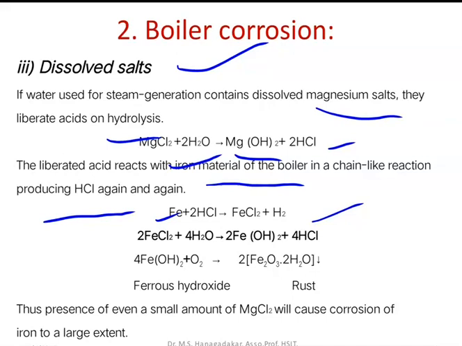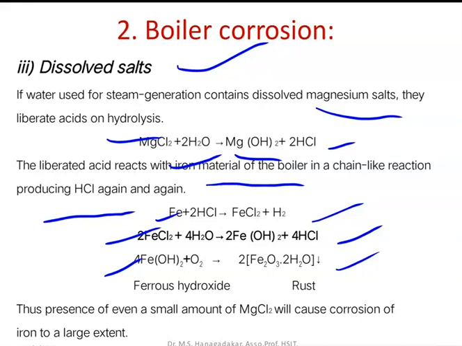This ferrous chloride further hydrolyses, forming ferrous hydroxide and releasing hydrochloric acid once again. This ferrous hydroxide further oxidizes, giving the formation of rust, that is hydrated ferric oxide. That is how the boiler material undergoes corrosion by the dissolved salts.